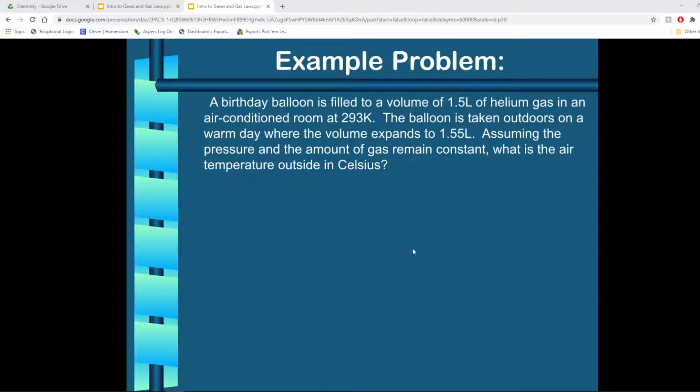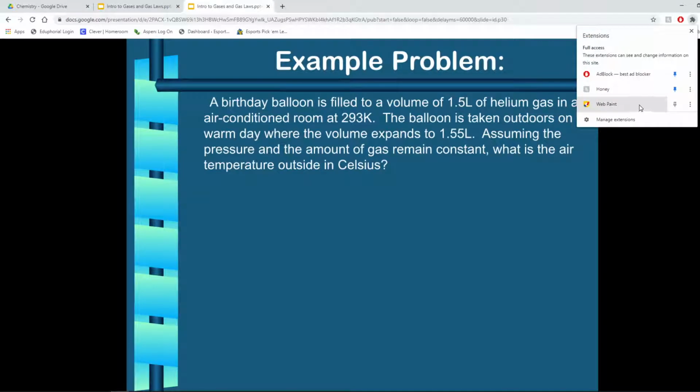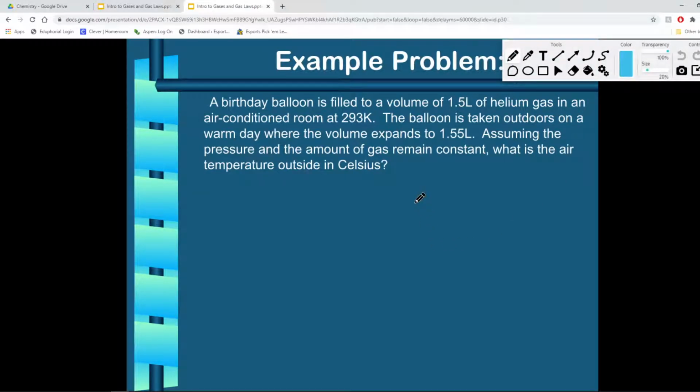Okay, so to solve these problems, if we look here, what it's telling us is that we have a birthday balloon filled with a volume of 1.5 liters of helium gas in an air-conditioned room at 293 degrees Kelvin. So we know our initial volume is 1.5, so we're going to plug that in here.